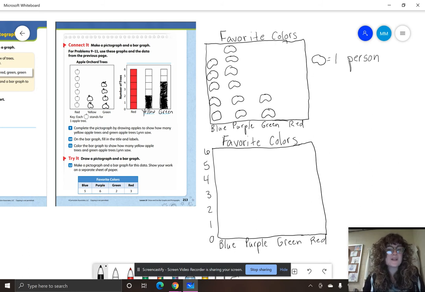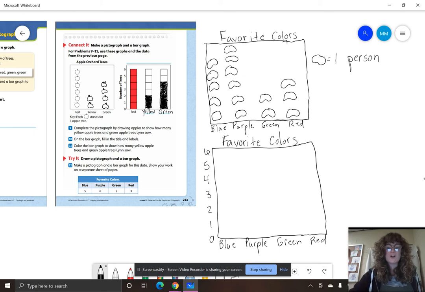So how many paint splatters do I need above red? 3. 1, 2, 3. Excellent. Now, Smarties, when we make pictographs, we want to make sure that we use the same picture for all of our data. Now, these paint splatters look a little bit different, but I wanted to use a shape that I can make repeatedly so it would look the same.